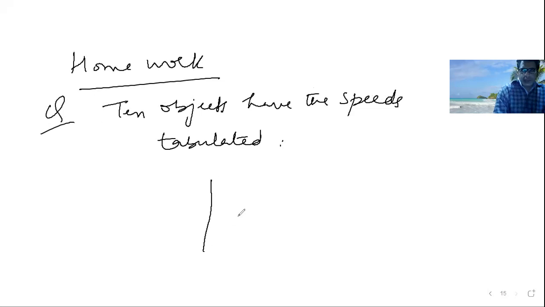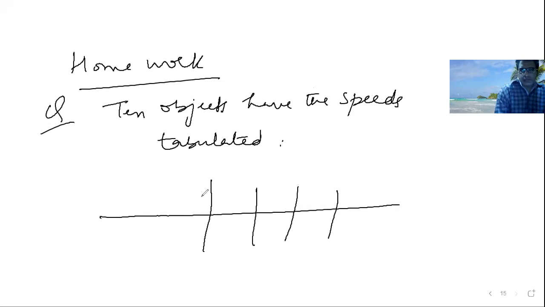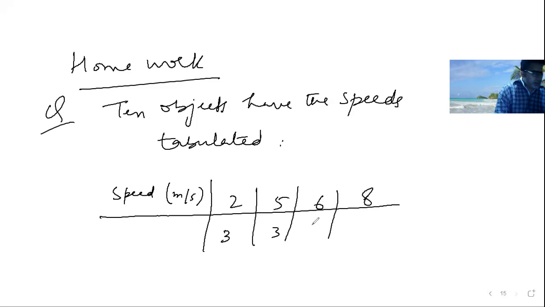So this is my table. This is speed in meter per second: 2, 5, 6, and 8. This is 3, 3, 3, 1.